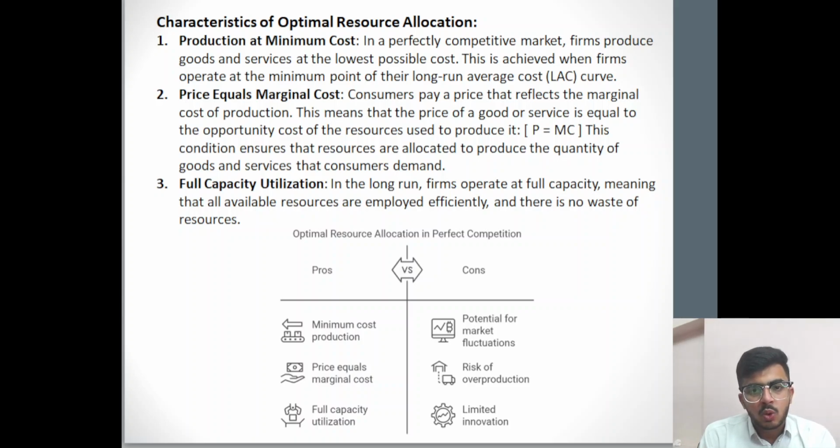And there are some cons also of optimal resource allocation, which are potential for market fluctuations, risk of overproduction, and limited innovation.